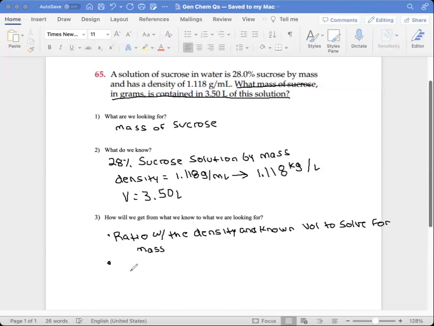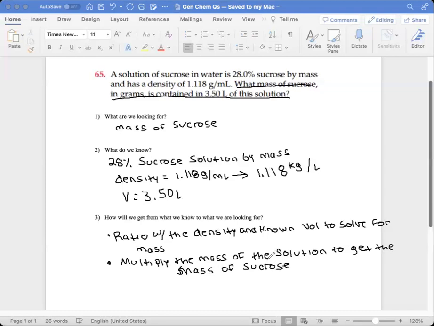So then the next thing that we need to do is multiply the mass of the solution to get the mass of sucrose.